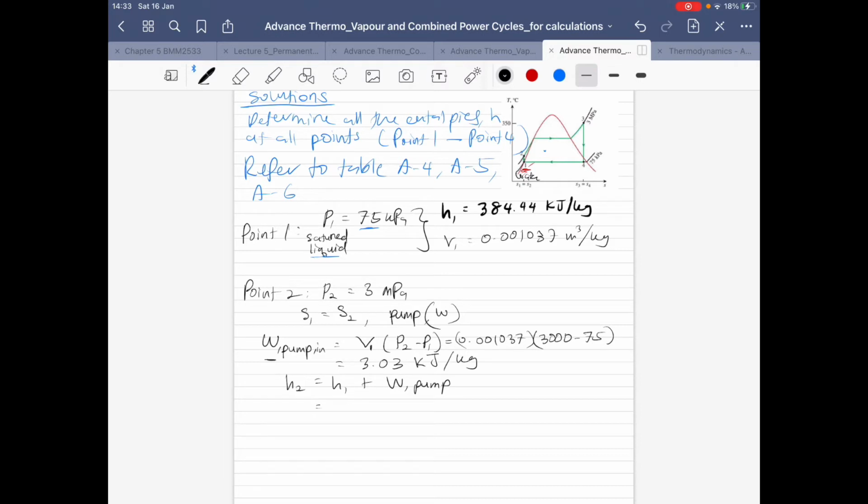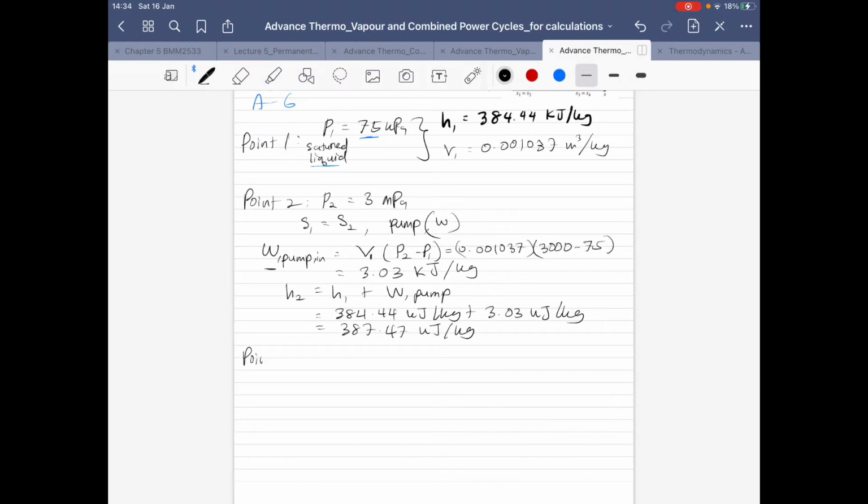So the work of the pump we can add directly. The enthalpy we already got earlier, 384.44 kilojoule per kilogram, plus W pump, the work of the pump, 3.303 kilojoule per kilogram. Then we get the value of 387.47 kilojoule per kilogram. How about at point 3?